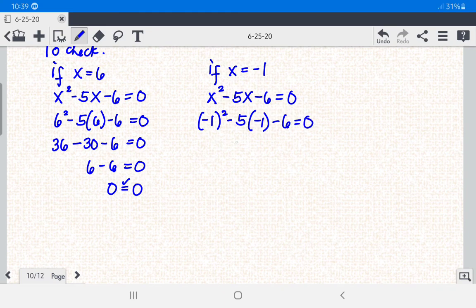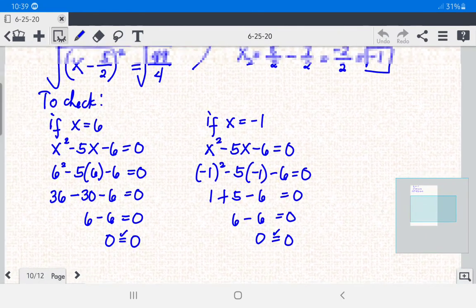Negative 1 times negative 1 is positive 1. Negative 5 times negative 1 is positive 5. Then minus 6 equals 0. 1 plus 5 is 6, minus 6 equals 0. So 0 equals 0. Check. Now, as you can see, both values of x satisfy the given equation.